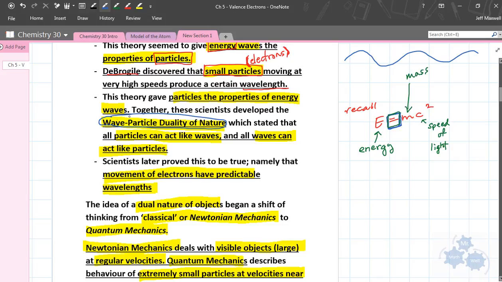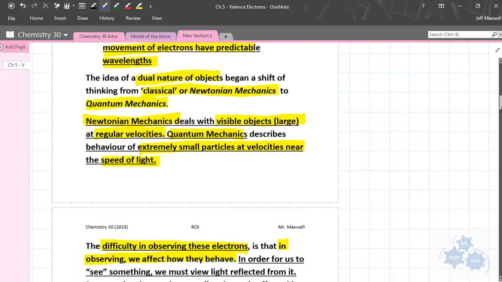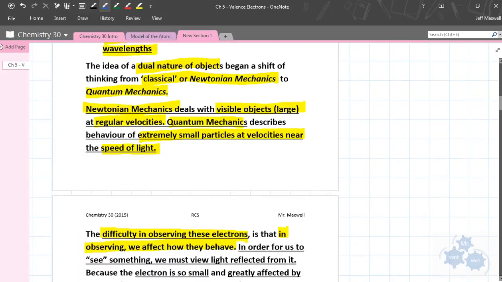And so that's, of course, particle, mass, wave, energy, that kind of comes into play there as well. So again, Newtonian mechanics: visible objects, or rather large objects, a ball or a planet, traveling at regular velocities. And planets move pretty quick, but that's still not near the speed of light. And so that's Newtonian classical mechanics, and quantum mechanics, these small particles at very high speeds.